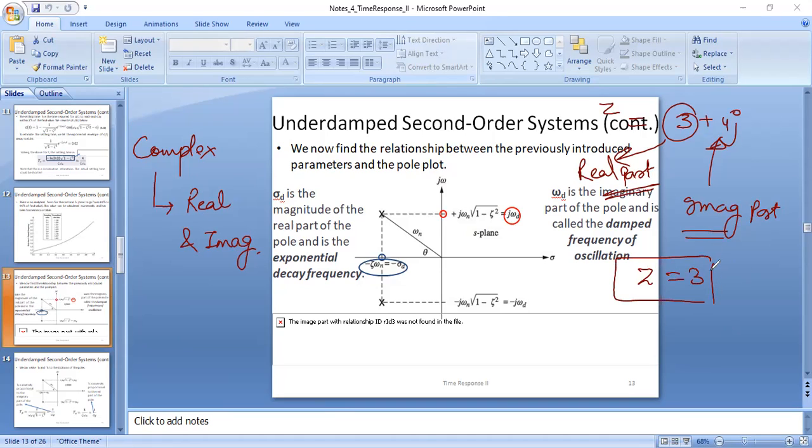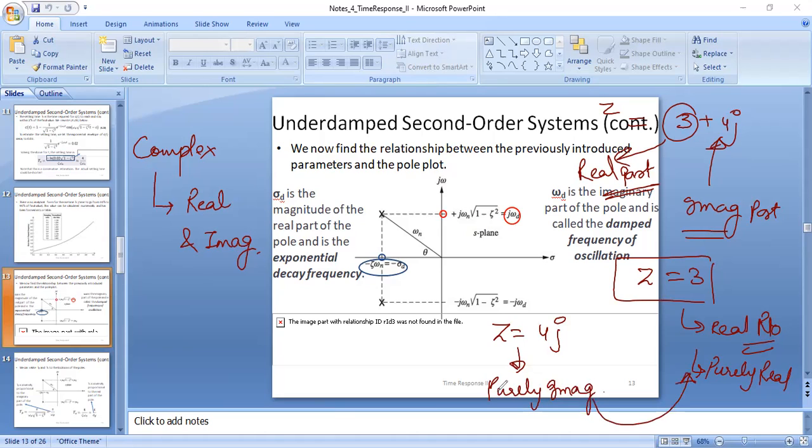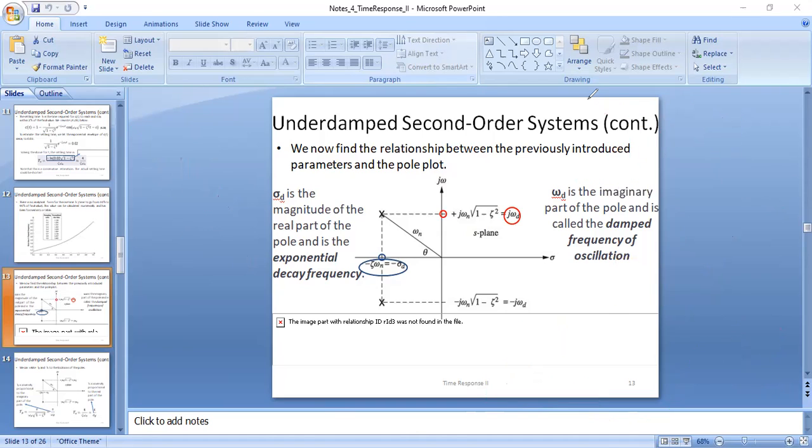That means you do not have any j part here, so you will say it is a real number. And if you have z equal to 4j, you see that there is no real term. You have only the j term, so you will say that it is purely imaginary. And if you have a combination of both a real term and an imaginary term, then you will say that it is a complex number. All right, got it. Thank you.